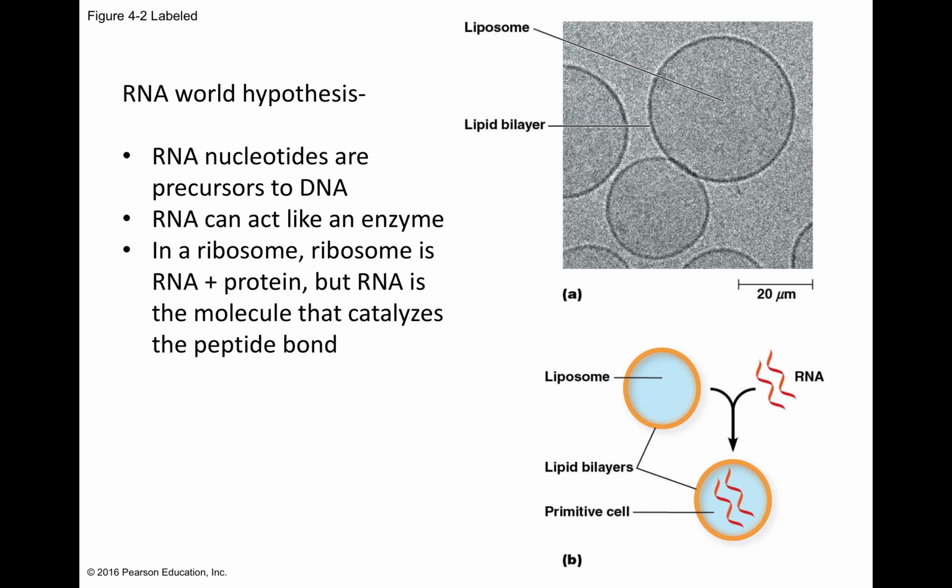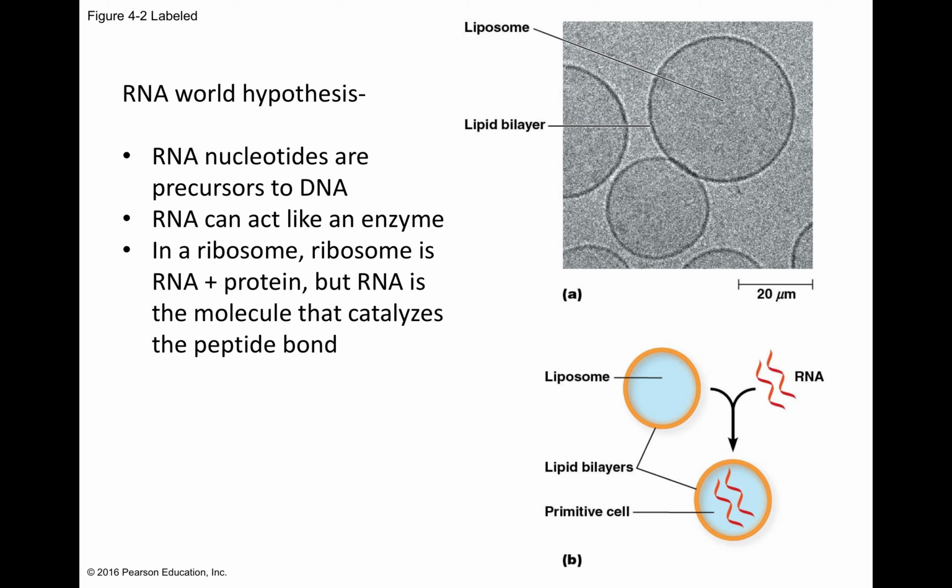So you have that characteristic, which we think of as a DNA characteristic, is also an RNA characteristic. And then RNA also has the additional characteristic in that it can act like an enzyme. So it's possible that RNA was one of the original molecules in cells.